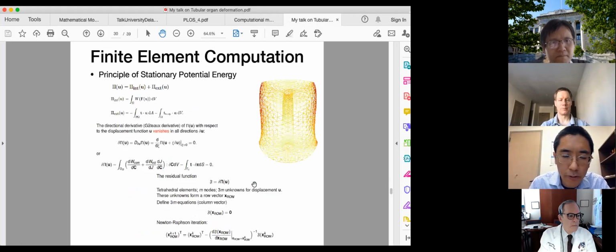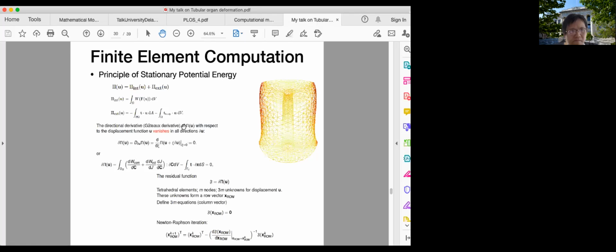Also, this is a finite element computation. We use methods like the principle of stationary potential energy and also the Gateaux derivative. Then last, the nonlinear Newton method, or Newton-Raphson method, for the computation. So this one is the mesh.